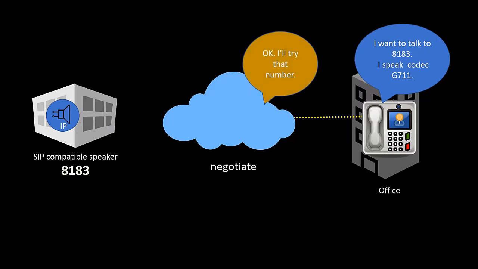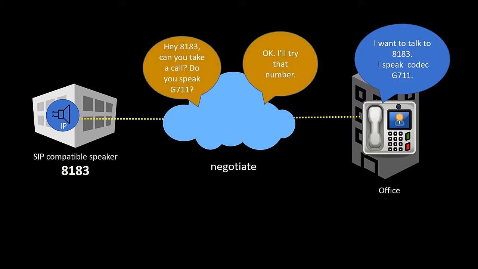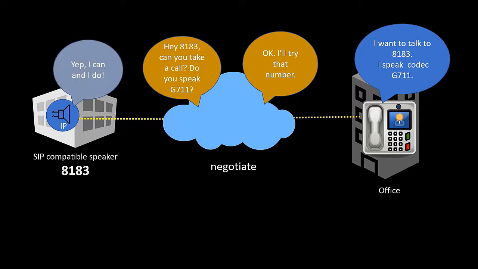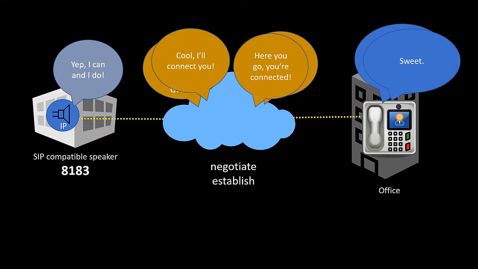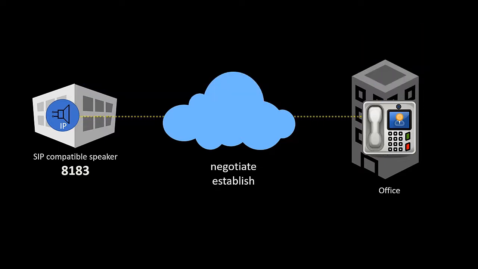A SIP server in the cloud negotiates the initiation of the session by reaching out to 8183. 8183 confirms that it can speak that language and is available to take the call. SIP then establishes the connection between the two devices. Once established, SIP essentially steps out of the way and lets these two devices share data with each other.